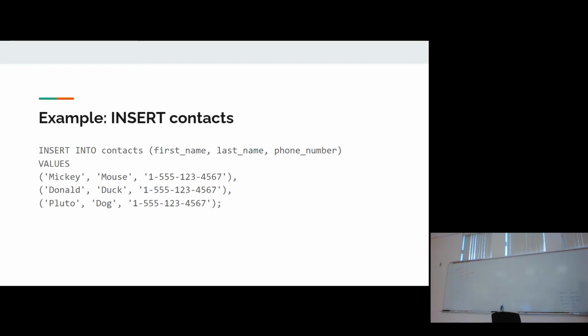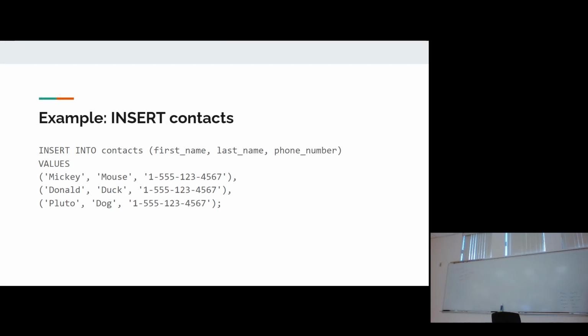That's one of the things we run into pretty quickly. Which also means that the cost of repeating the column names isn't that big if you're inserting multiple rows at once. Okay, so I've got the first row, Mickey Mouse, and his phone number, right?